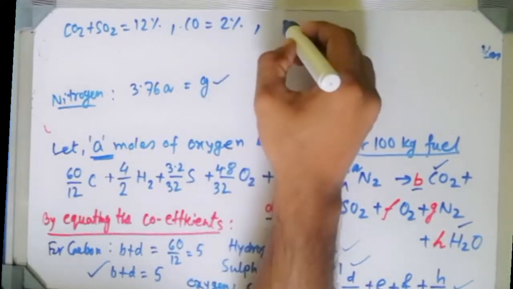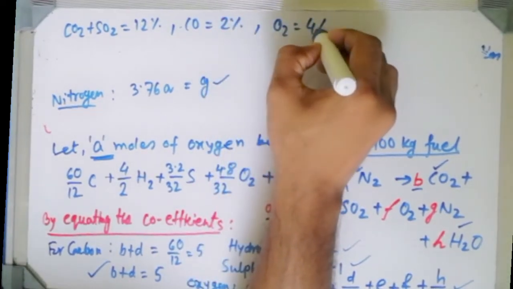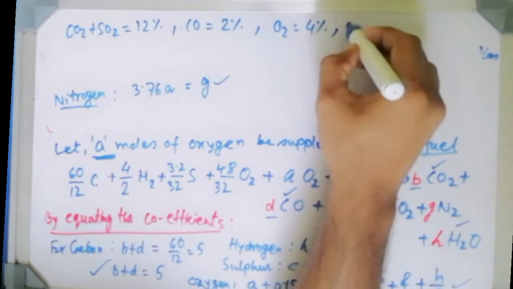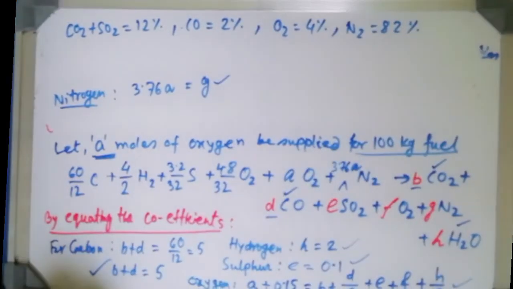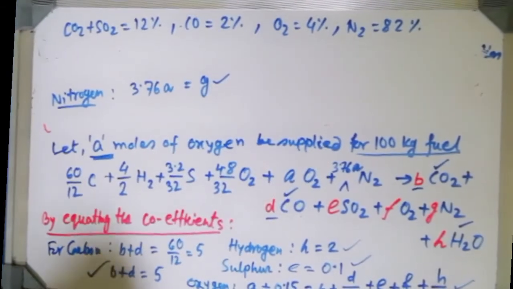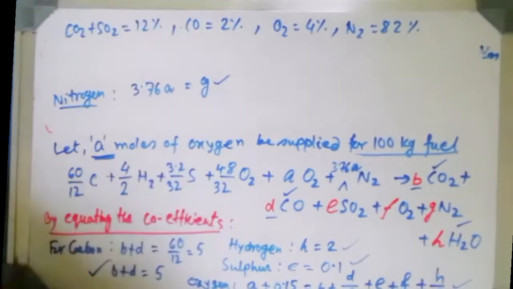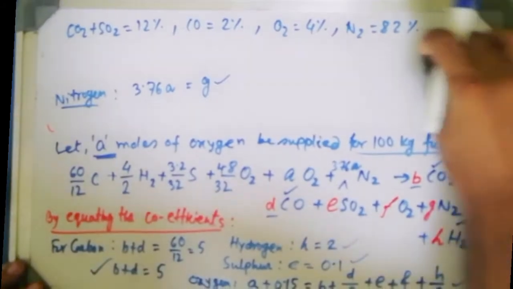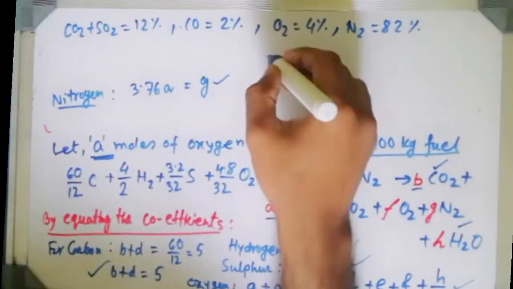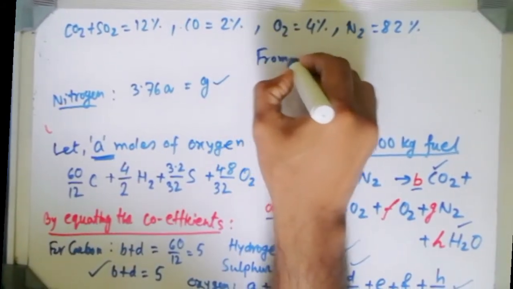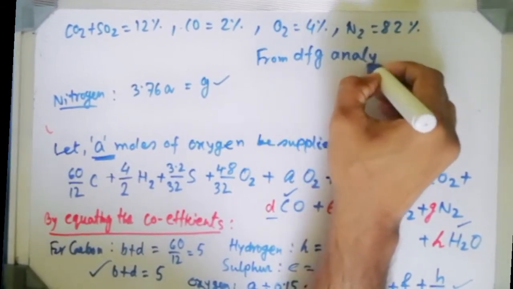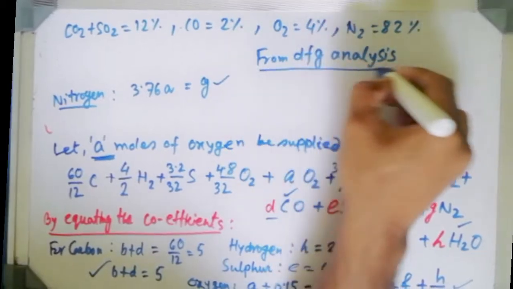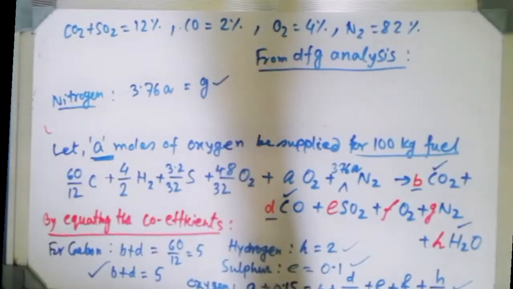So what we can do now, we can do a simple calculation. So I can write here from DFG analysis. DFG means dry flue gas, and I already told you people at the beginning that dry flue gas means we don't consider the moisture inside the flue gas.